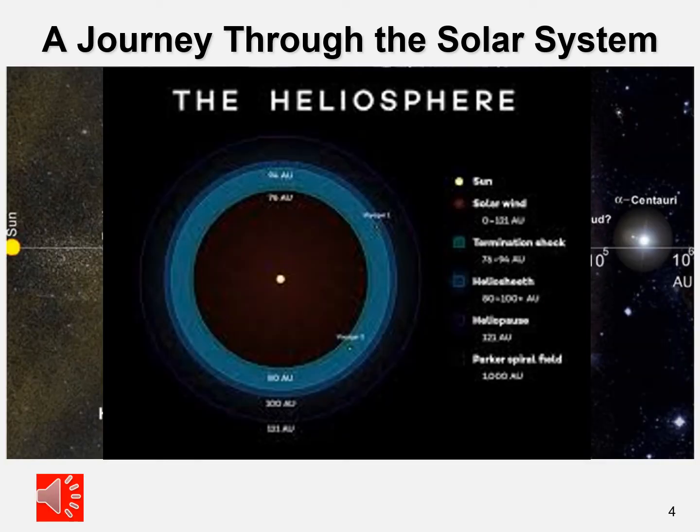Eventually, our spaceship begins to feel the ever-so-weak pull of the sun's gravity. This happens at a distance of about 50,000 AU from the sun. An AU, or astronomical unit, is the distance between the Earth and the sun, and it equals about 150 million kilometers.